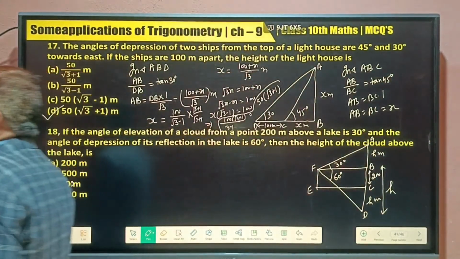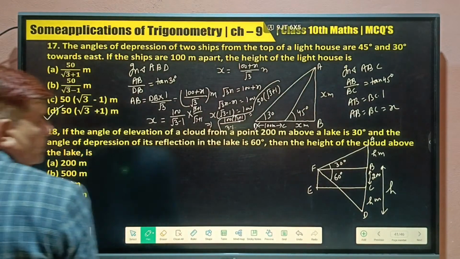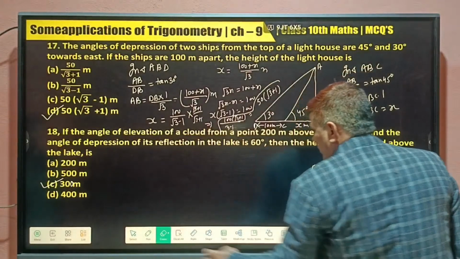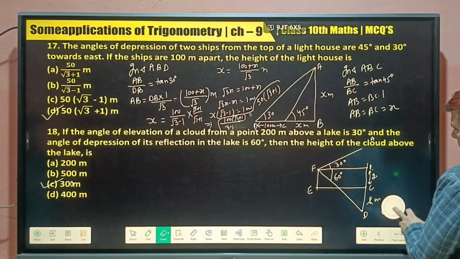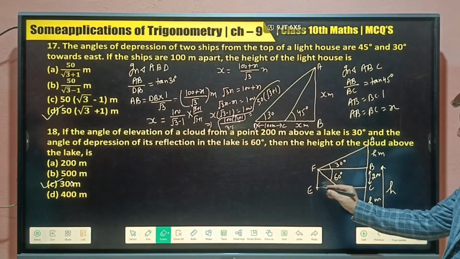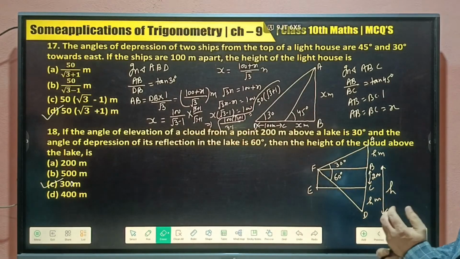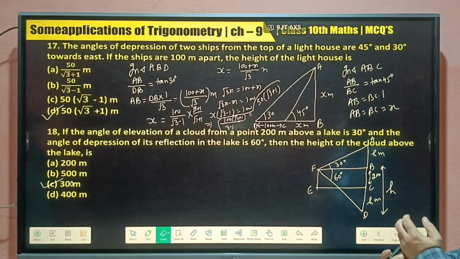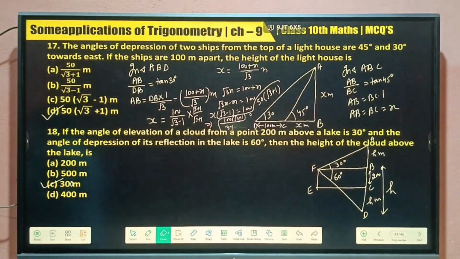Look one time. The lake is this. It says if the angle of elevation of a cloud from a point 200 meter above a lake is 30 degree.